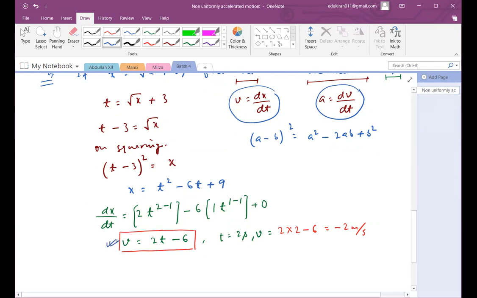We have to differentiate this term. Ehtisham, your first answer is correct.